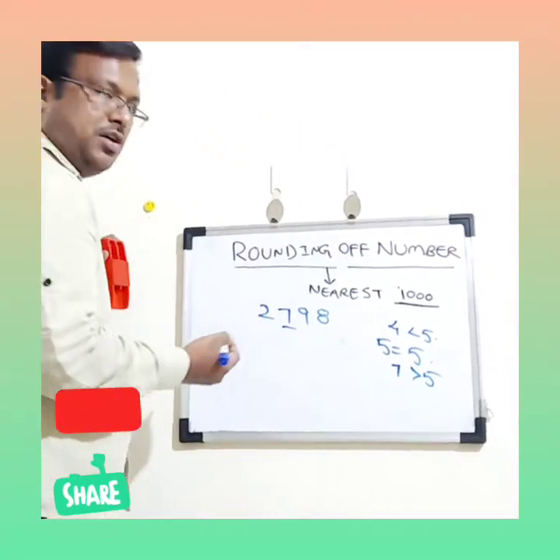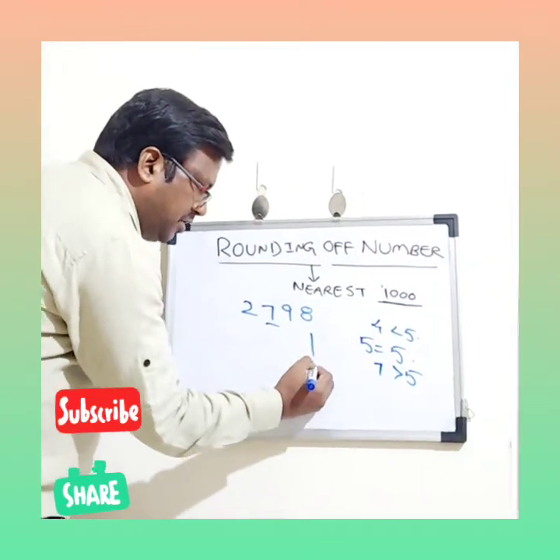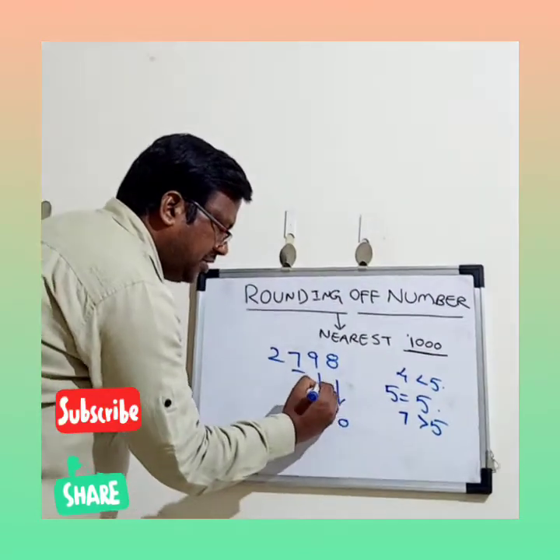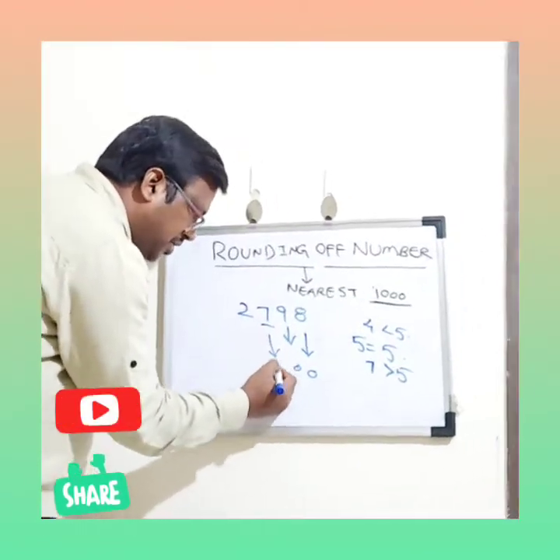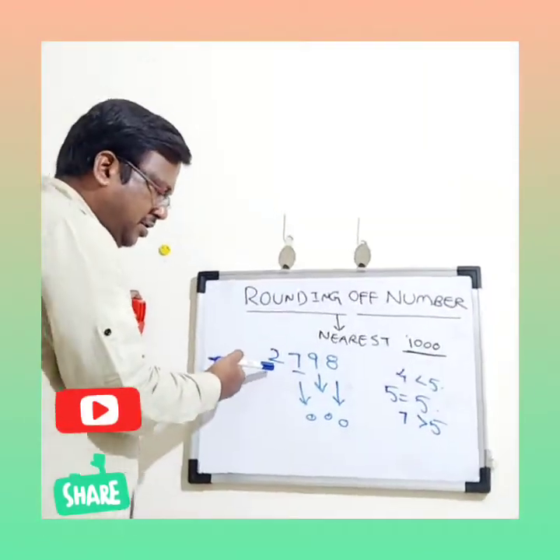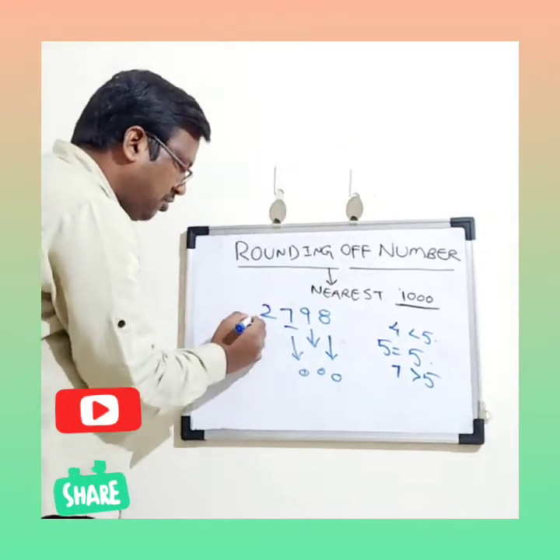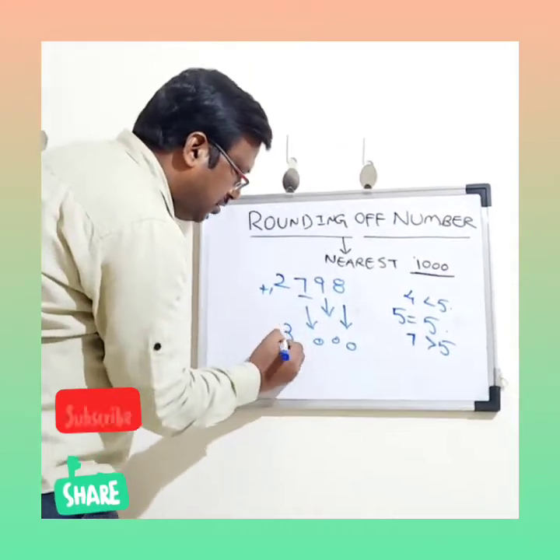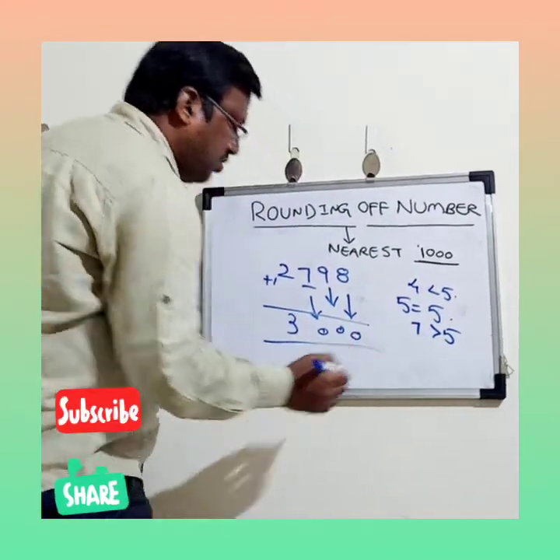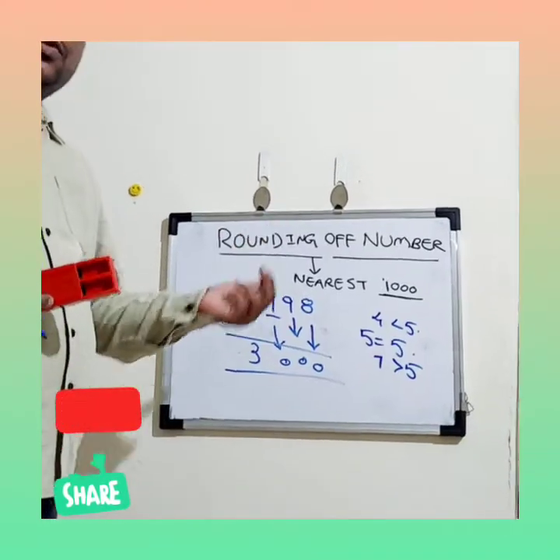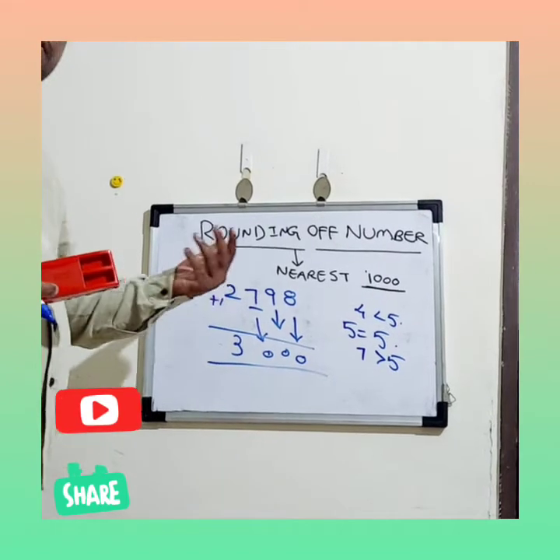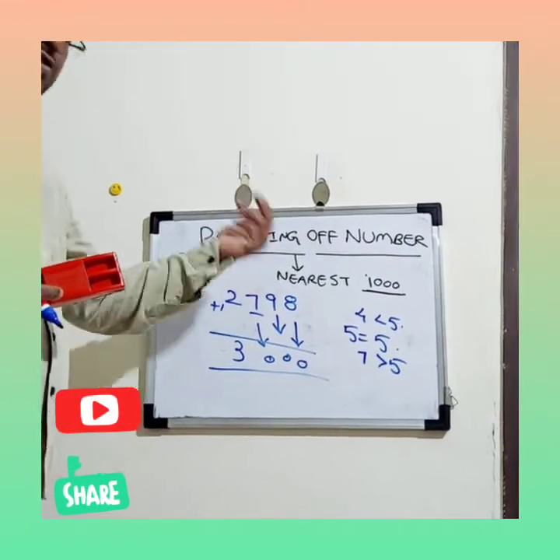In this case, replace the unit digit with 0, the tens digit with 0, and the 100 digit also with 0. And in the 1000 digit position, just add 1: 2 plus 1 is equal to 3. So the answer is 3000. This is the logic you have to follow to round off a number to the nearest 1000.